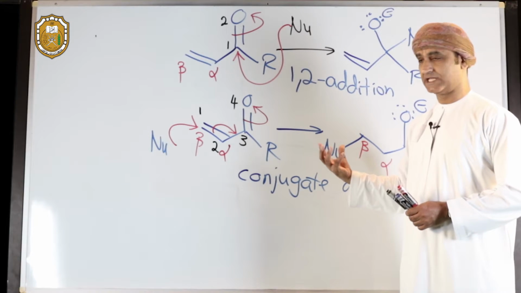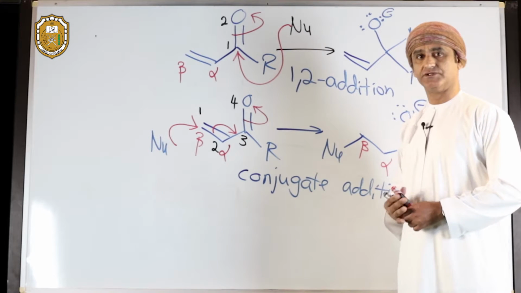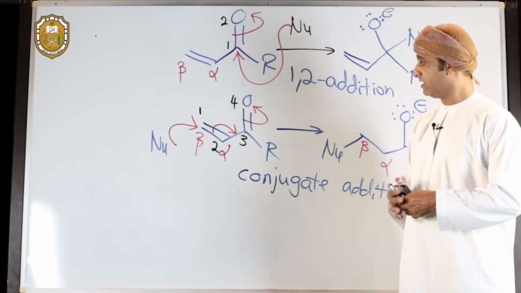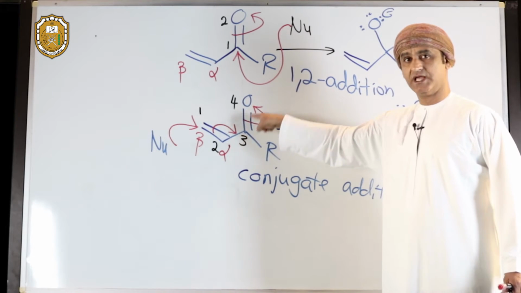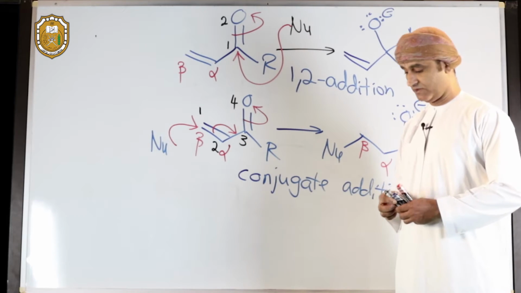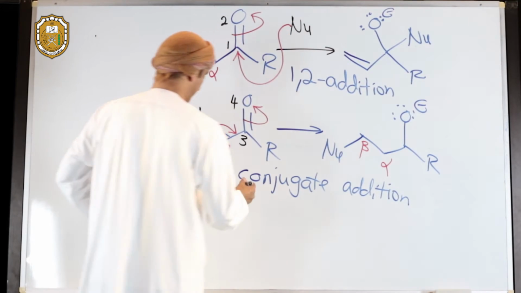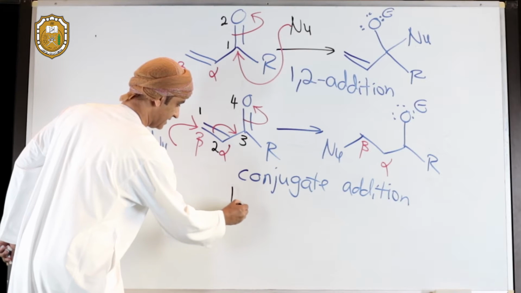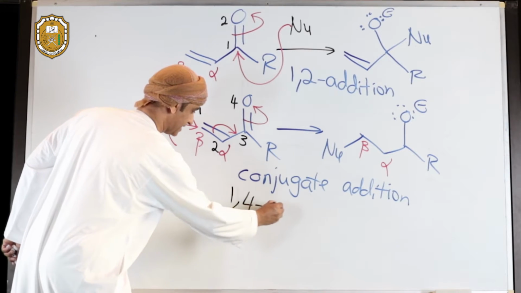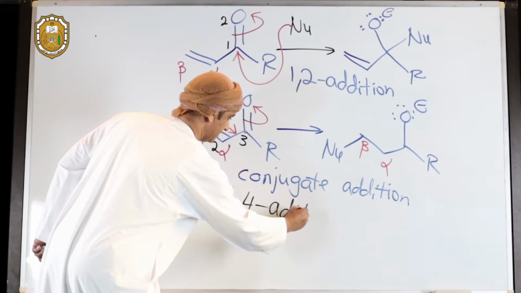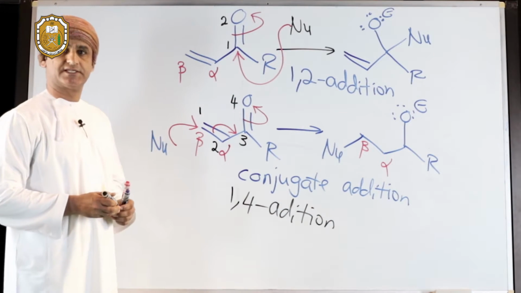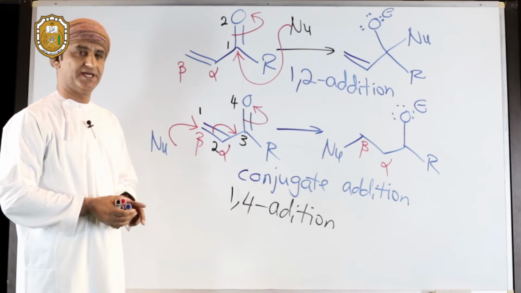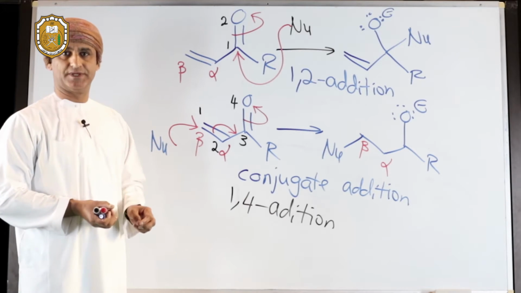It is actually correct to also describe this conjugate addition as 1,4, so the nucleophile takes place over 1, 2, 3, 4 atoms, or this conjugate system. So another description of this nucleophilic addition reaction is 1,4 addition, if a nucleophile attacks the beta carbon of an alpha beta unsaturated carbonyl compound.